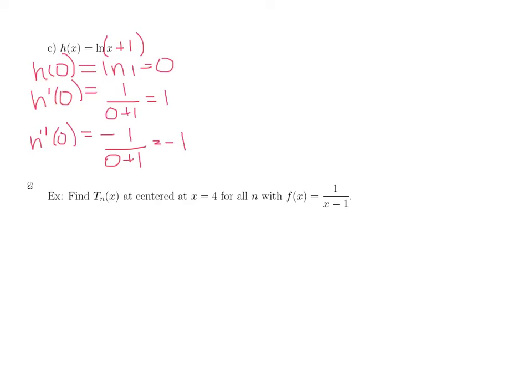The third derivative of h is going to be 2 over x plus 1, in this case 0 plus 1, so we get a 2.